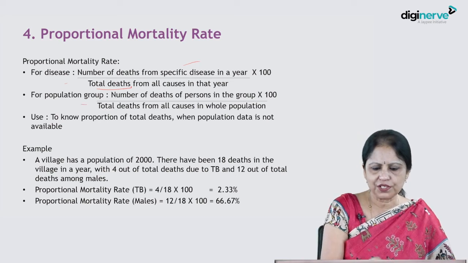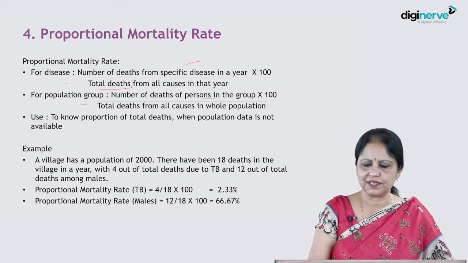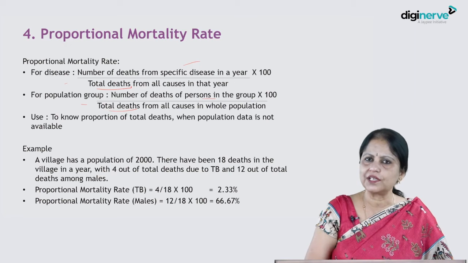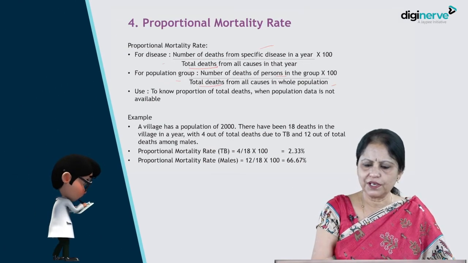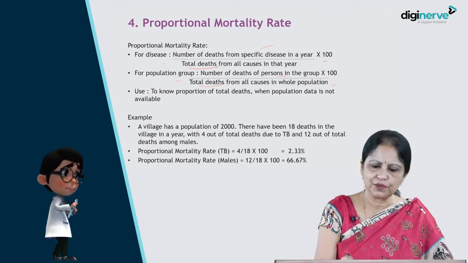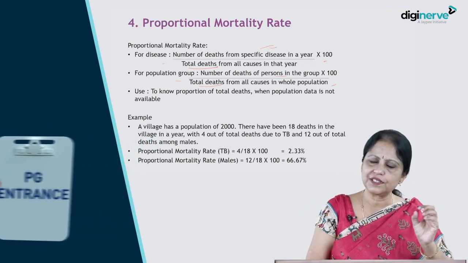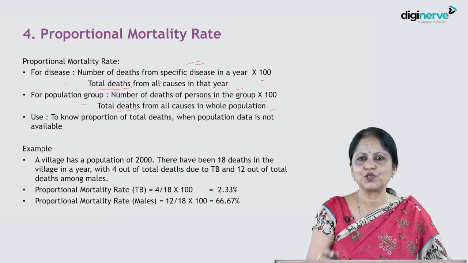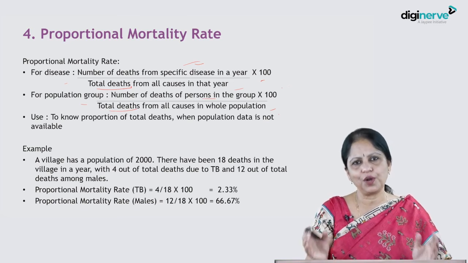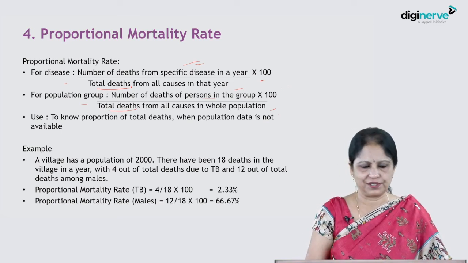Or for a population group, number of deaths of persons in the group divided by total deaths from all causes in all population. So the denominator is the same for both. Here the numerator is deaths due to a specific disease, here deaths in that specific group of population. And the denominators for both are total deaths occurring in the whole population due to all causes.